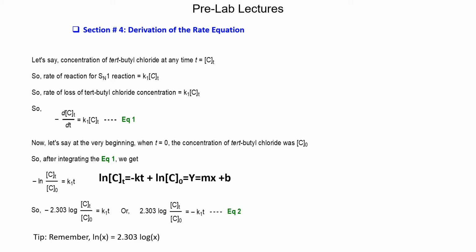However, we can also convert these natural logarithms into logarithmic functions by simply substituting ln with 2.303 log, where ln x simply means 2.303 log x.